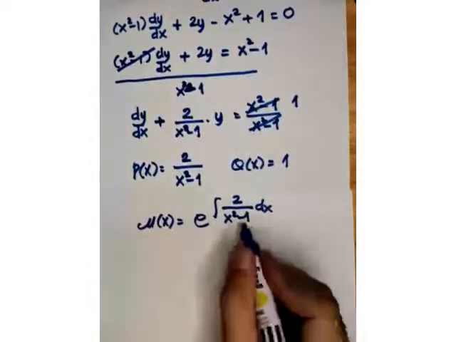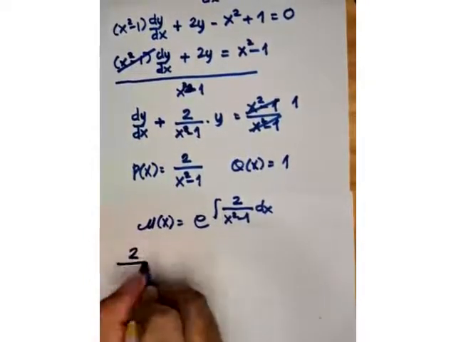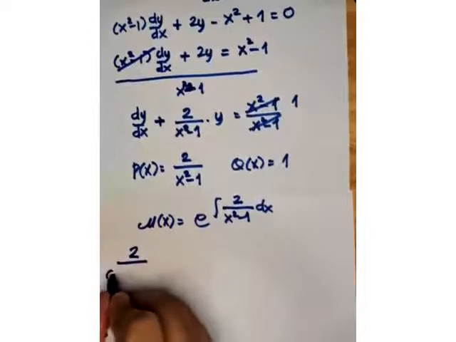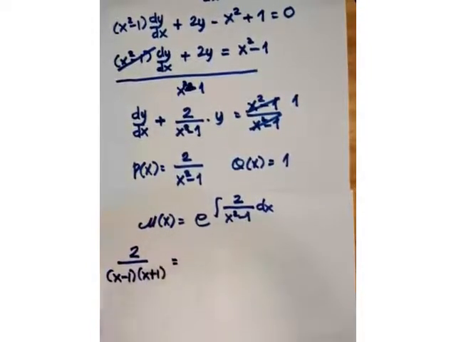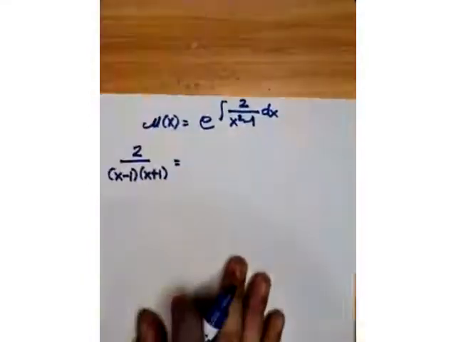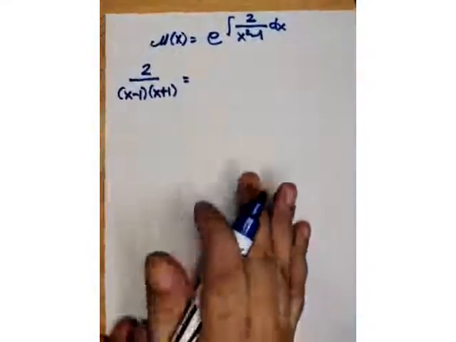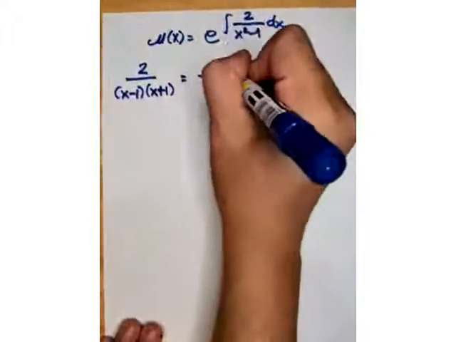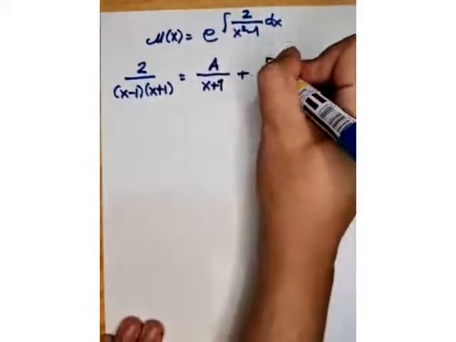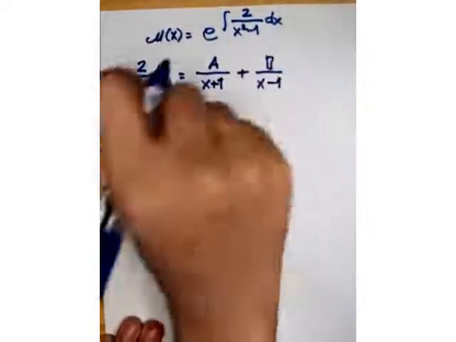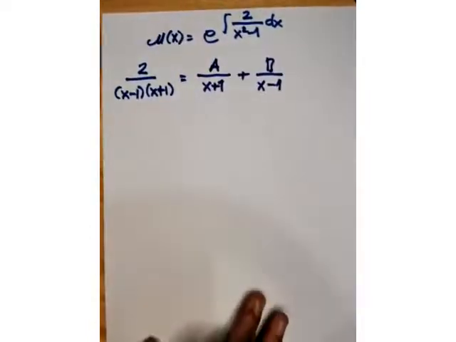Okay, so lalagay ko muna dito. So what are the factors of this? So that's the difference between two squares. So that's x minus 1 and x plus 1. Tabi ko muna to. Okay, so that means that's equal to a over x plus 1. Okay, anyway. B over x minus 1. Ayan. So we need to find the values of a and b.